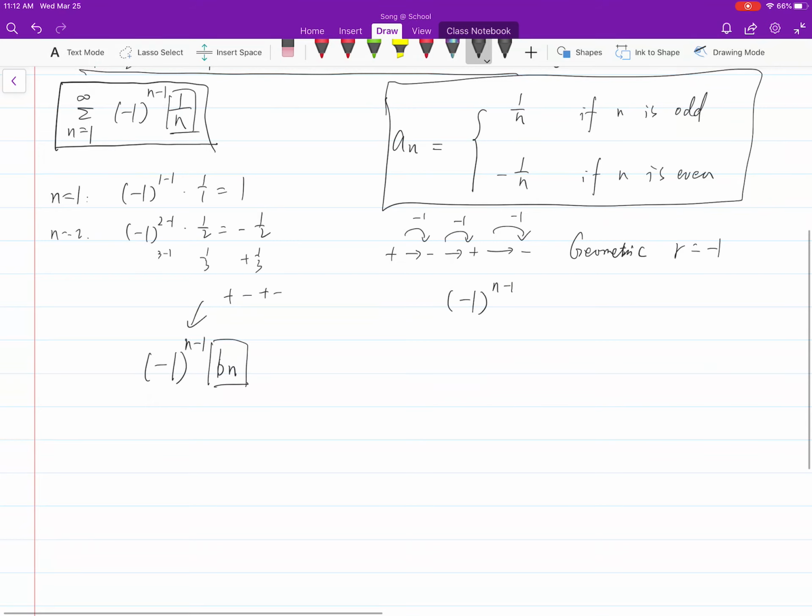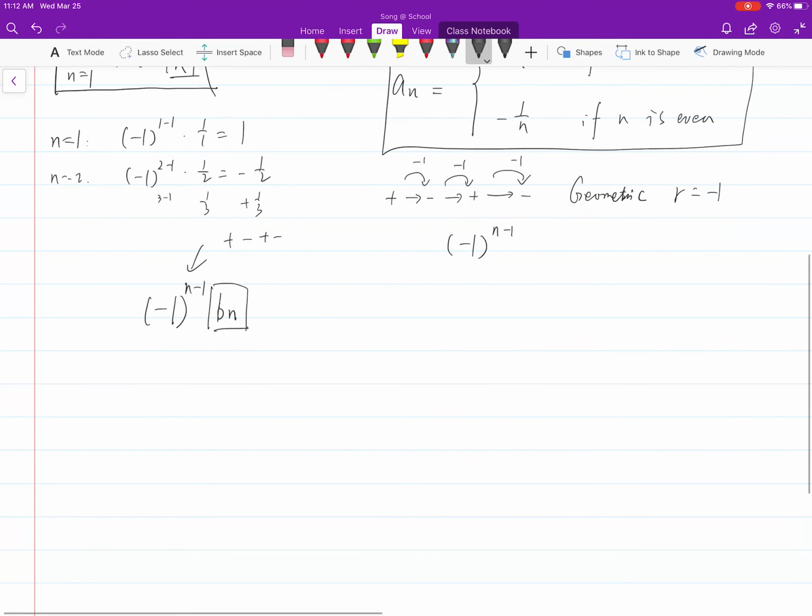Now keep in mind, for alternating series, we do have two situations. Very small difference. Basically, the first type is we start with the positive. That means the first term is positive, and starting from there, you start to alternate. The second case is the first one is negative, and starting from there, you start to alternate. Their formula should be very similar.